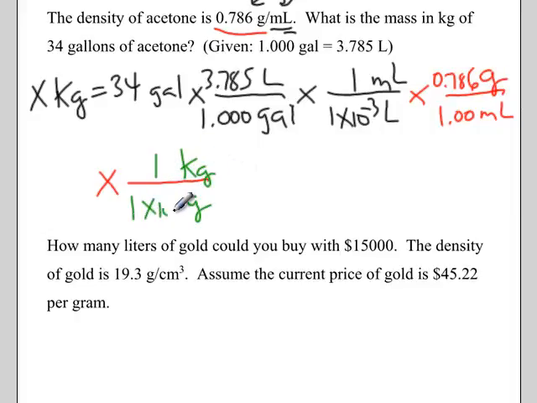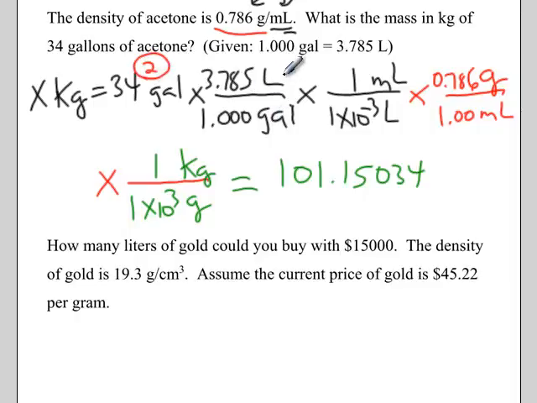Kilo is 1 times 10 to the positive third. So when we multiply all this out, in normal notation, it's 101.15034.